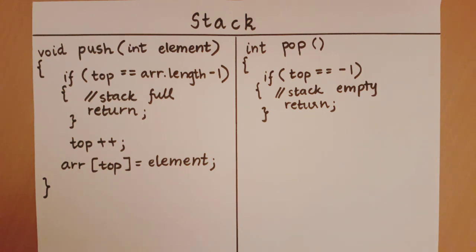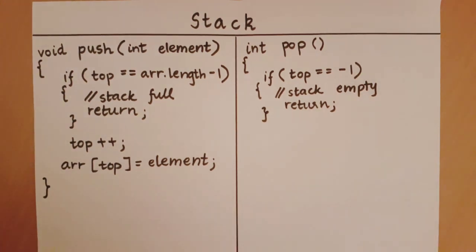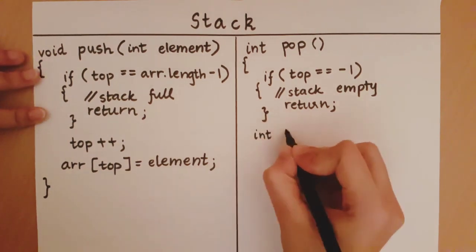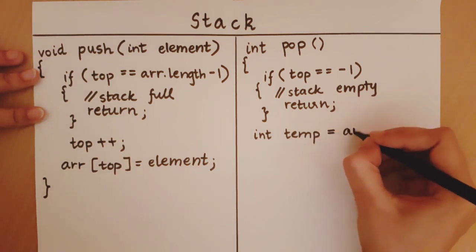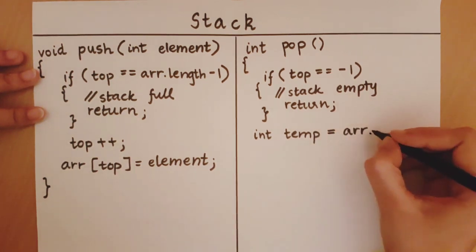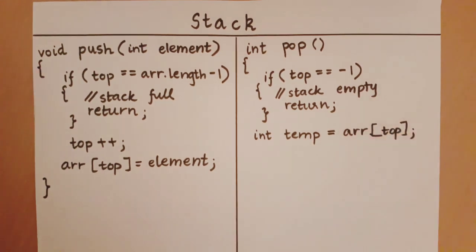Now, what we must do to delete from the stack is, first we will store the topmost element in the stack which we need to return to the user in a temporary variable. Now that we have stored what we need to return to the user in the temporary variable called temp, we are going to decrement top by 1.